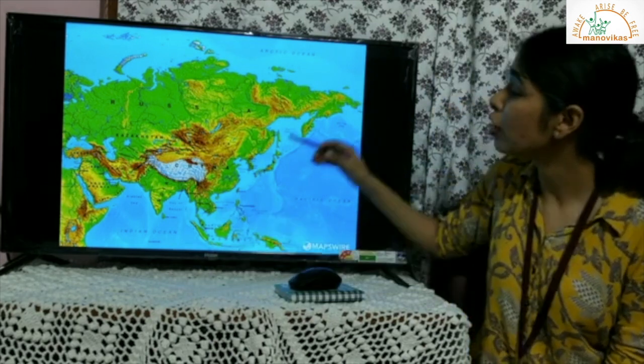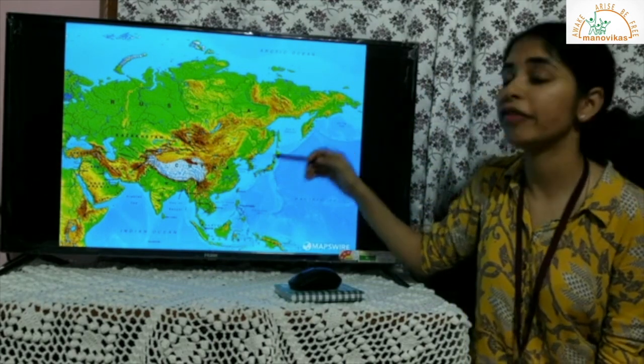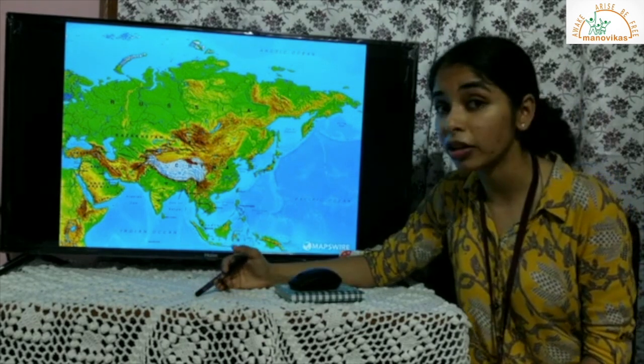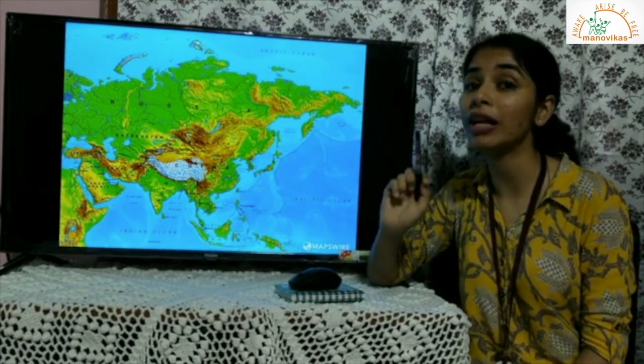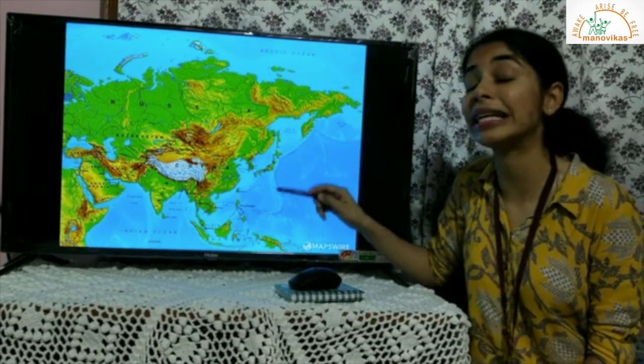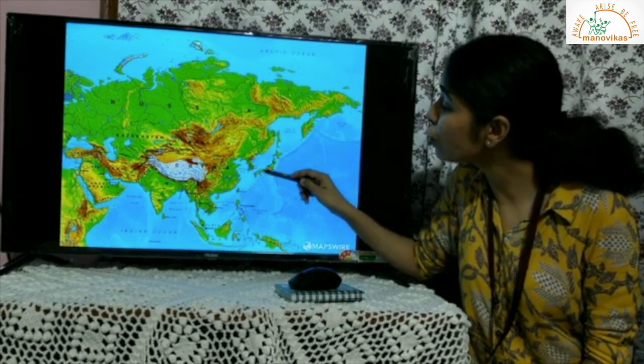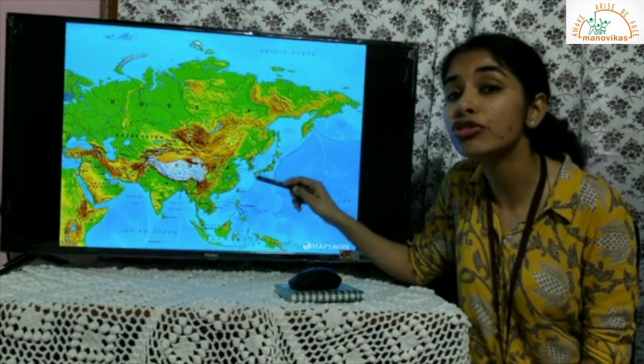Then towards the eastern part of Asia in the Pacific Ocean, we have the islands of Japan. Japan is not made up of one single island, but of four consecutive series of islands, namely Hokkaido, Honshu, Shikoku and Kyushu.